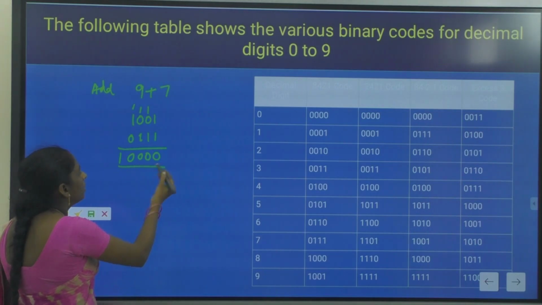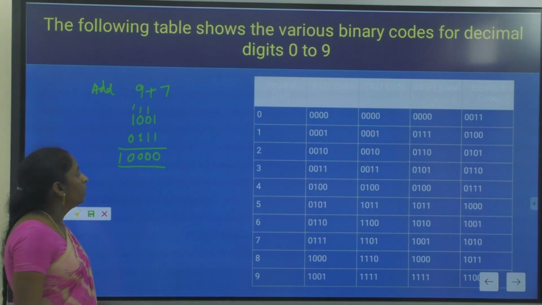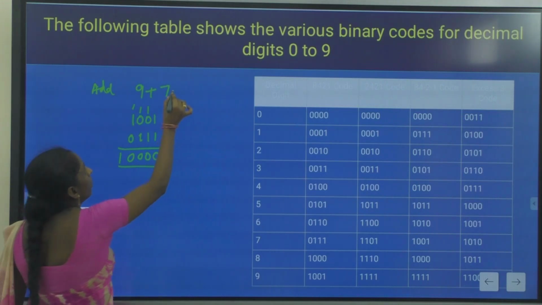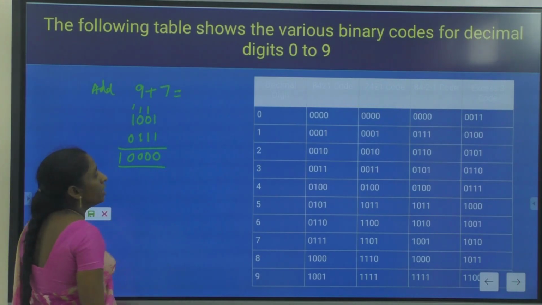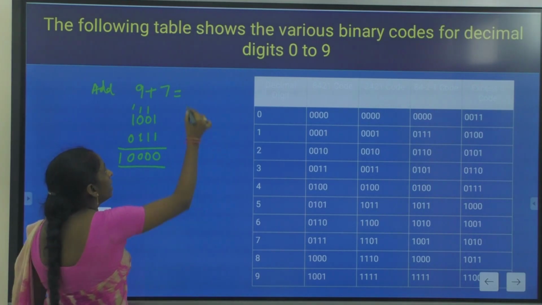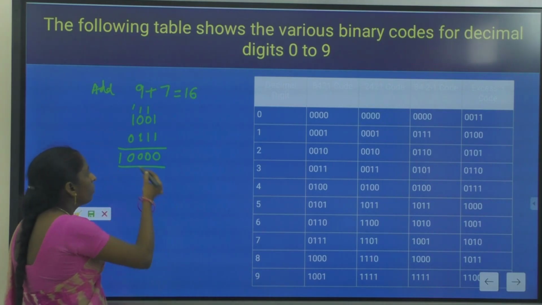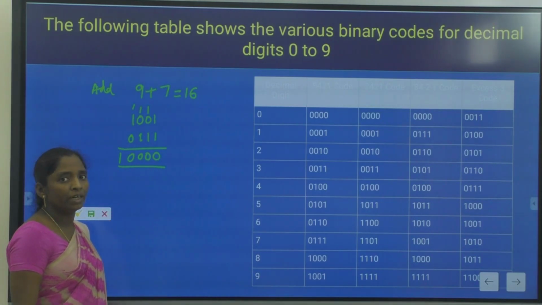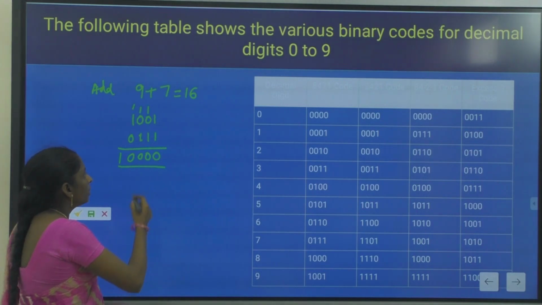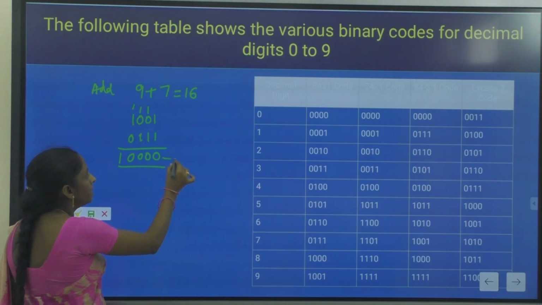So here we get, after adding 9 plus 7, 4 zeros. Do 9 plus 7 in decimal format. 9 plus 7 is how much? That is 16. So if you write this one, is it correct or wrong? You have to correct this, it is an invalid BCD number.